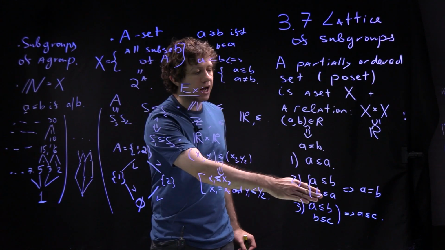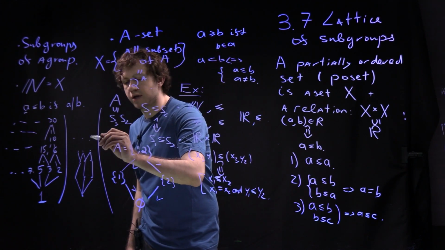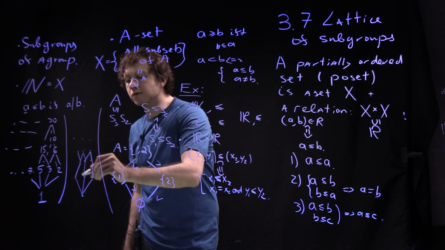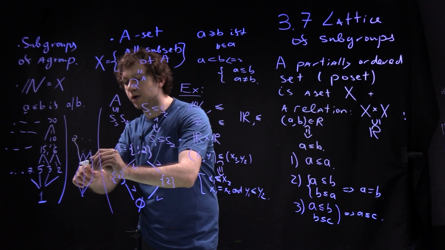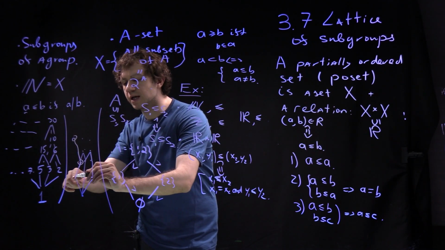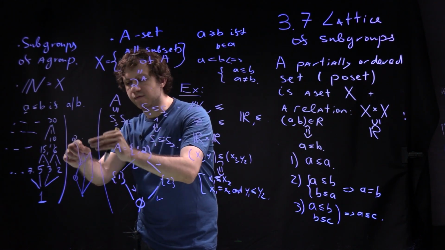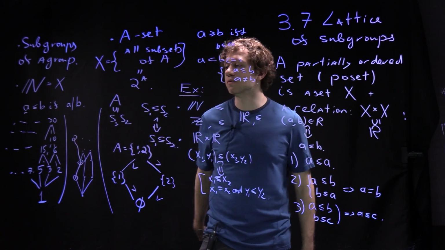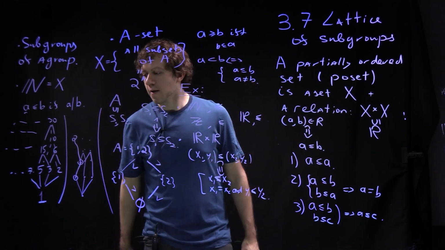But then you need to check that transitivity holds. If you go from one to another by some path down and then go to another down, you can go by taking first one path and then the second, and that obviously holds. So it's very easy to see that you can get partially ordered sets from diagrams like this.